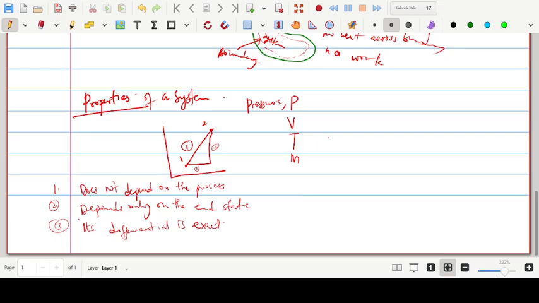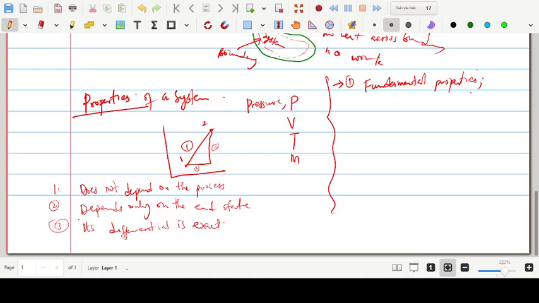Here also we have fundamental properties and derived properties. There are 2 types of properties. We have fundamental properties. When we say fundamental, that's the basics.